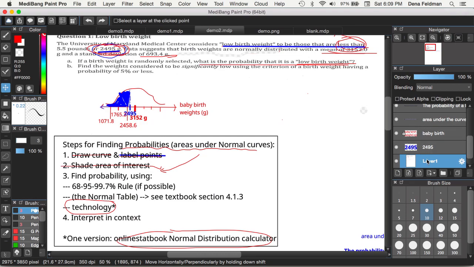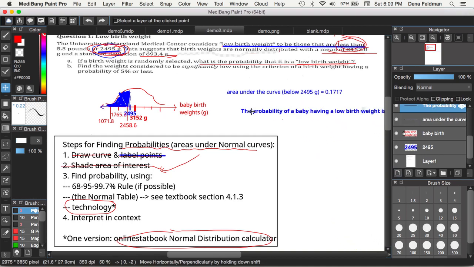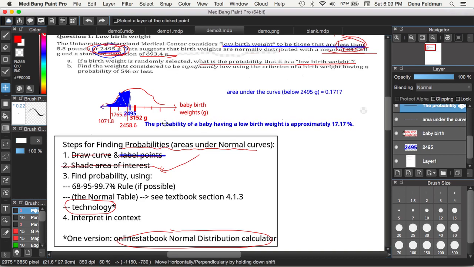That means for me that the area under the curve, that area below 2495, is 0.1717. And as a percentage, not as a decimal, that's approximately 17%.